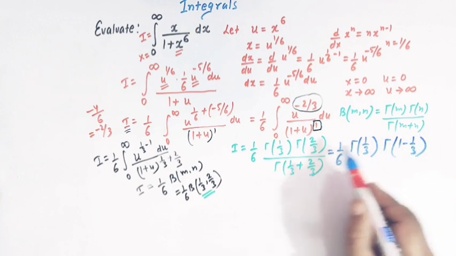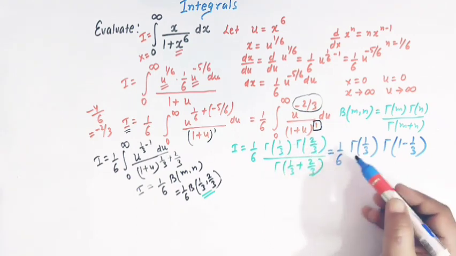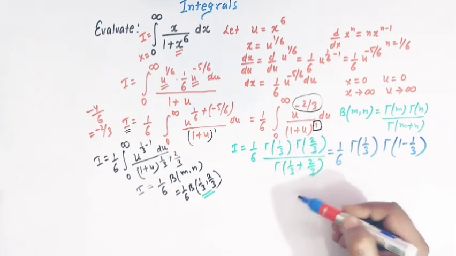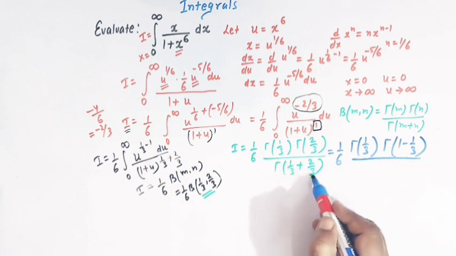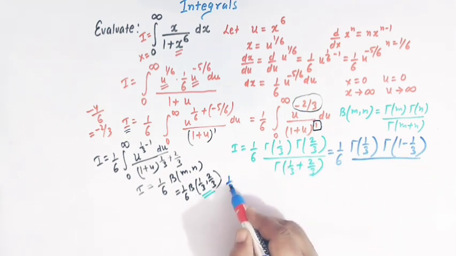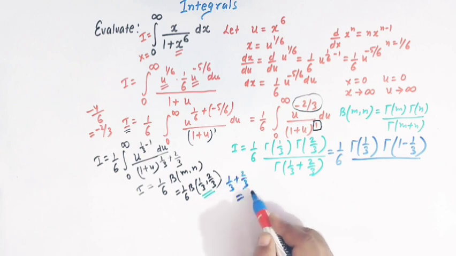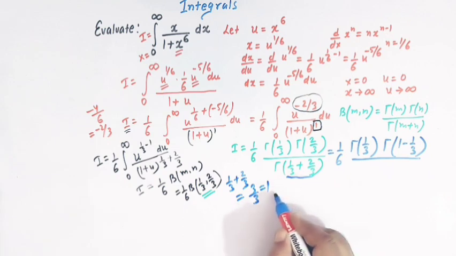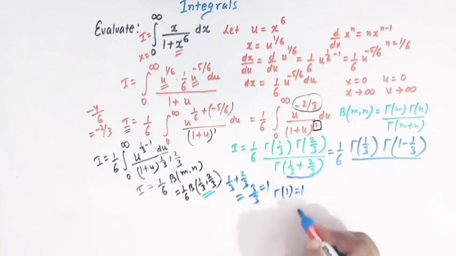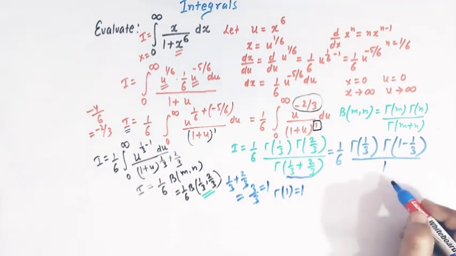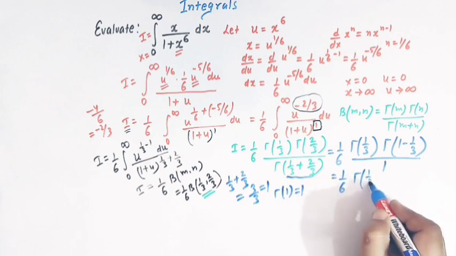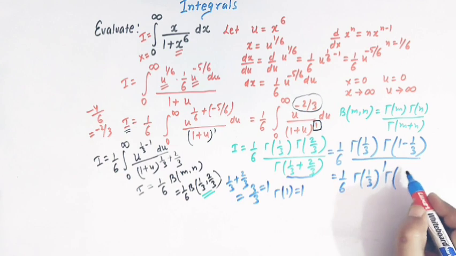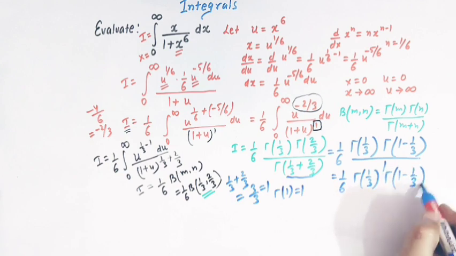Why we are writing gamma of 2 by 3, we'll make it clear in the next step. Now see here, gamma of 1 by 3 plus 2 by 3. So 1 over 3 plus 2 by 3 is 3 over 3, that is 1, right? So here we have gamma of 1 is equal to 1, right? So now we have 1 over 6, gamma of 1 over 3, and gamma of 1 minus 1 over 3, right?